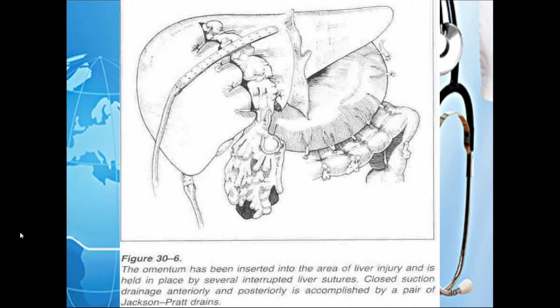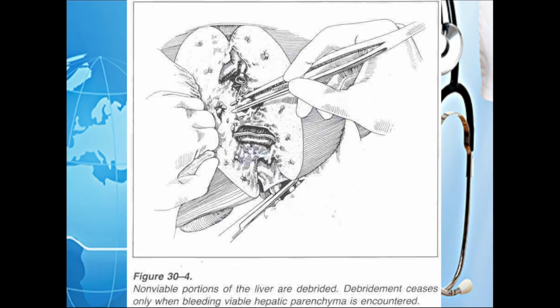Okay, and additional tubes are applied, Jackson-Pratt drains, to control the bleeding, to evacuate the blood from the abdominal cavity.